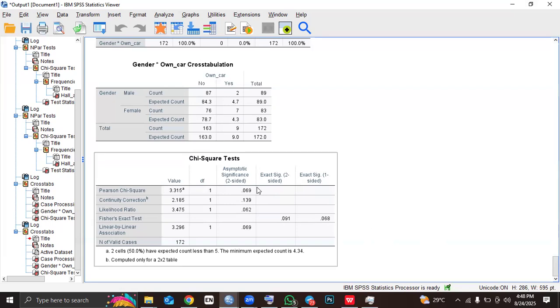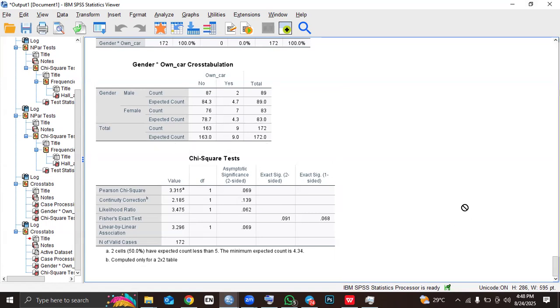So our p-value is greater than 0.05, which means that our Pearson chi-square value was what? Less. And remember, in our previous video, we said if the p-value is greater than 0.05, then it means that there is what? No significance in the distribution.